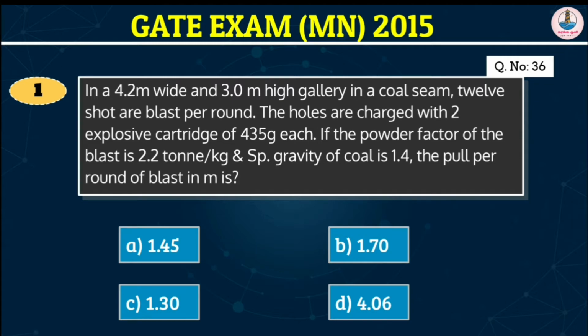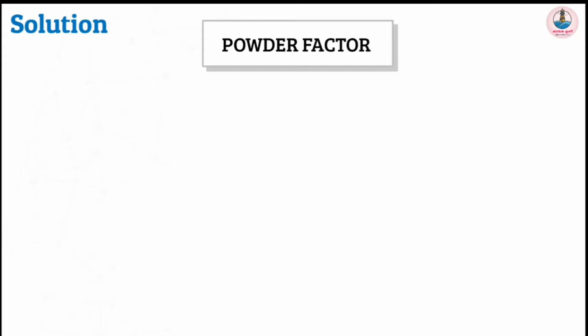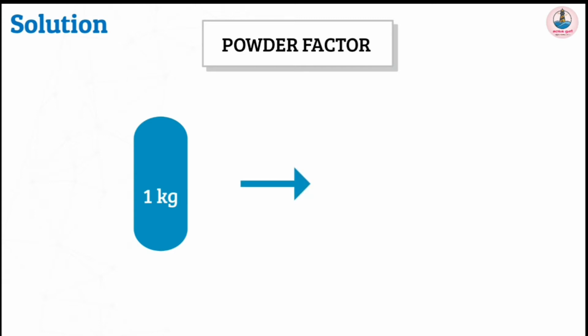First, we should know what powder factor is. For every kg of explosive used in a blasting, how many tons of material we are getting from that blast is measured using powder factor.